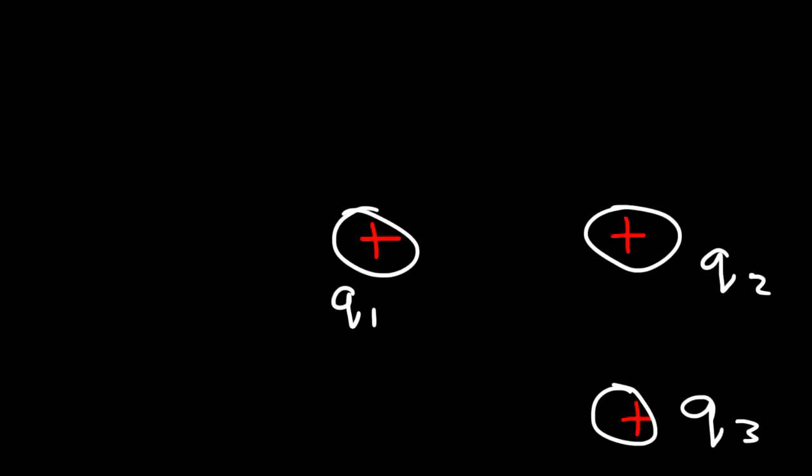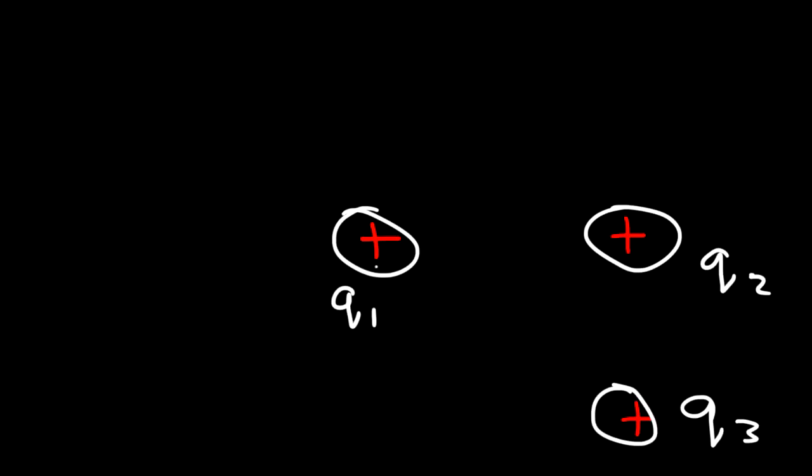What is the direction of the net electric force acting on Q1? Let's say, just like before, the charges have the same magnitude and they're equally spaced apart. What is the direction of the force acting on Q1, or approximate the direction?